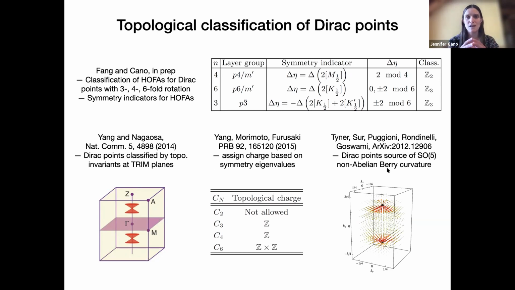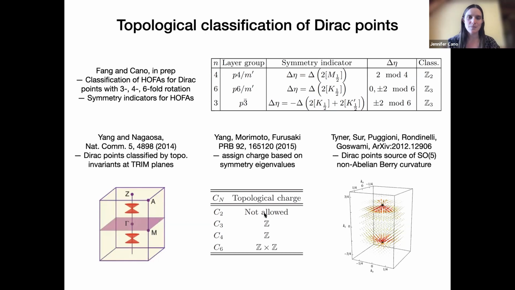And once you symmetry resolve that, you get some type of Berry curvature, and the Dirac points are a source of that. So these are all different classifications of Dirac points. And we compared our work, at least to these two older papers, and these three classifications are not in one-to-one correspondence. Something which is topological here might not be here, or vice versa, and same with here.